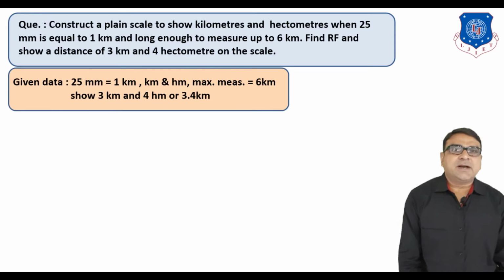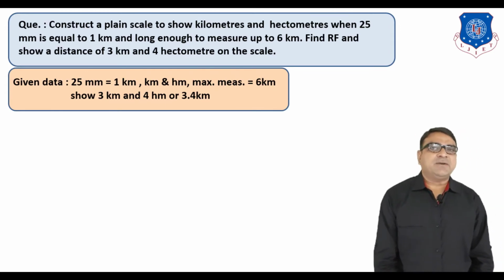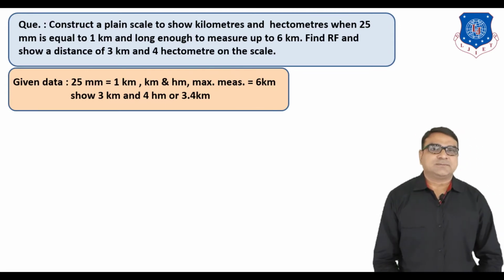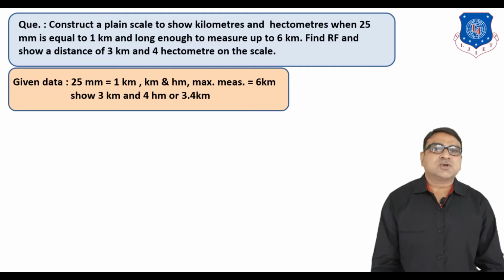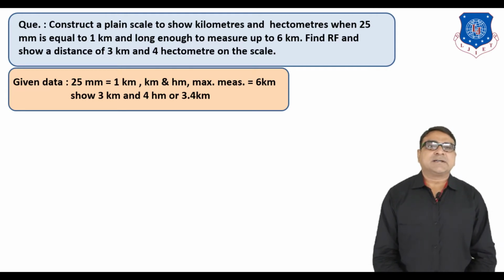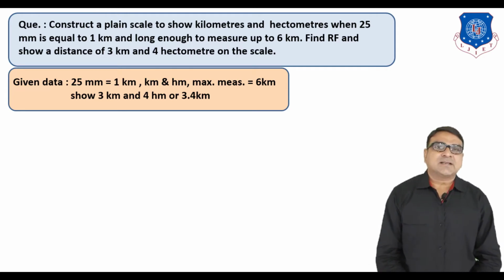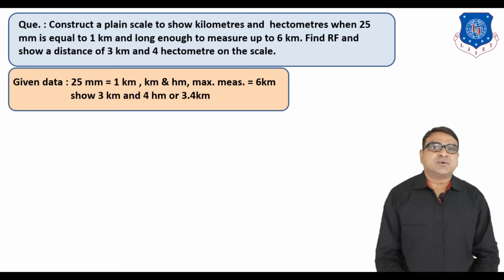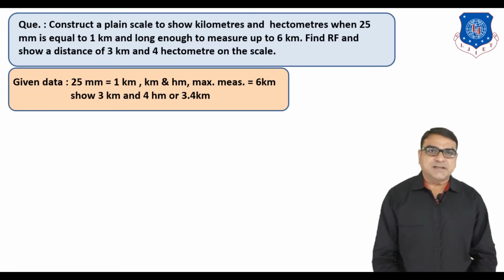Now, in the given data, we have 25 mm equal to 1 kilometer. So from this data, we can find the representative fraction. Then we have to show kilometers and hectometers in this scale. So these are the 2 units we have to represent in our plane scale.